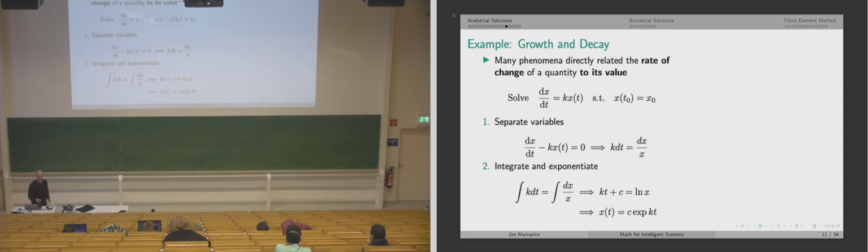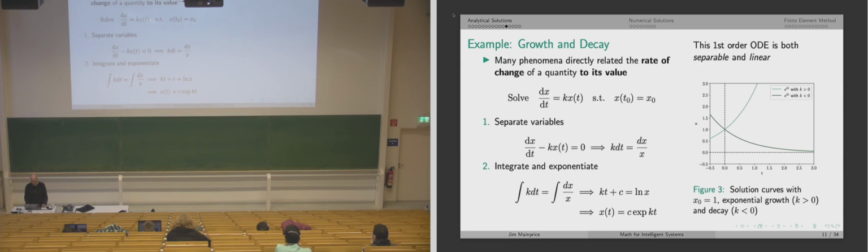And then, boom, that's exponential. So this is a very key result in the entire mathematics to know where exponential comes from. It comes from this first order ordinary differential equation, this one here.